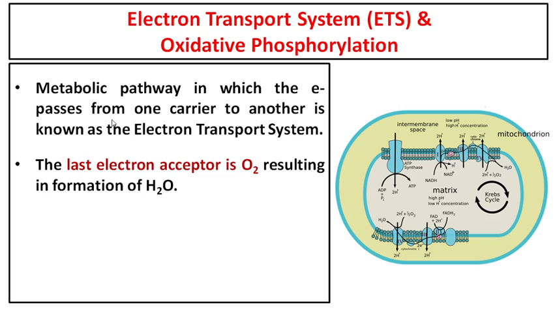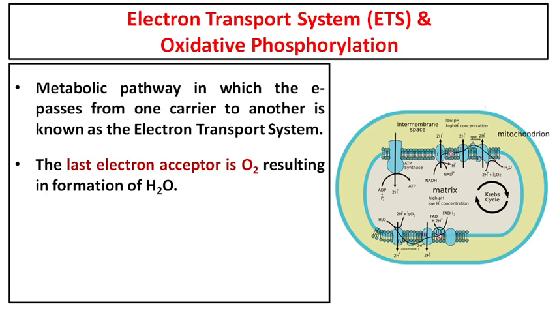Now there should be somebody who will accept the electrons in the end. The last electron acceptor here is oxygen. If you were wondering where the oxygen is in the whole path, remember the oxidation of glucose: C6H12O6 plus 6 molecules of oxygen giving 6 carbon dioxide plus 6 water molecules.